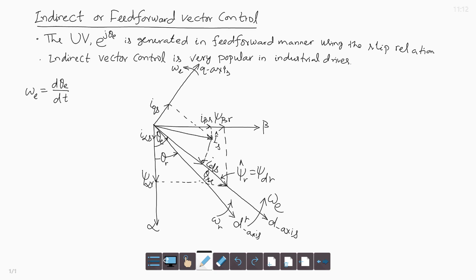Also, along the q axis psi q r is 0. So, this is the phasor orientation diagram for indirect vector control.